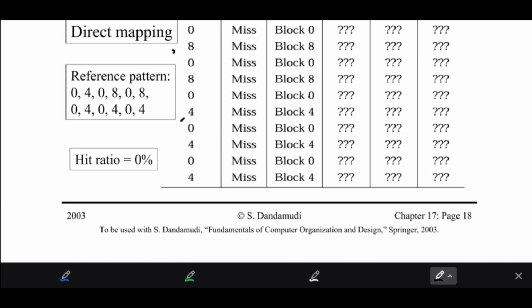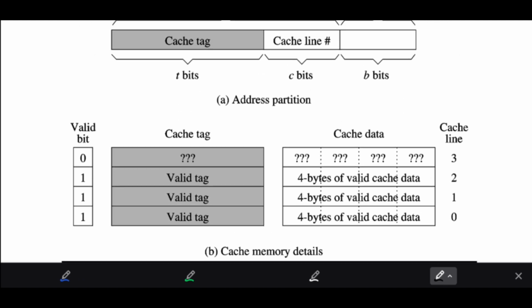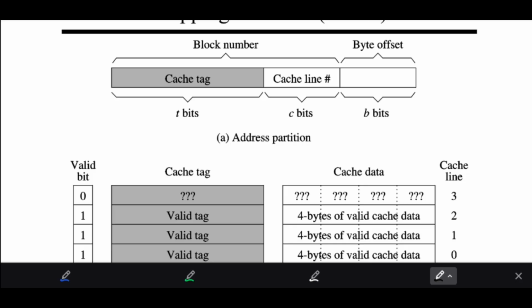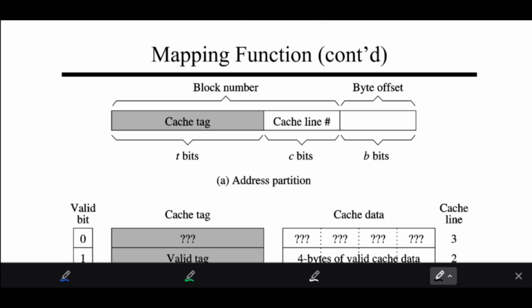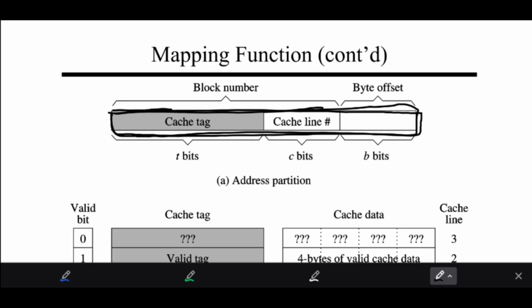Next, let's move towards fully associative mapping. Let's see how address partition occurs. Here is the address that the CPU sends. How is this address generated?